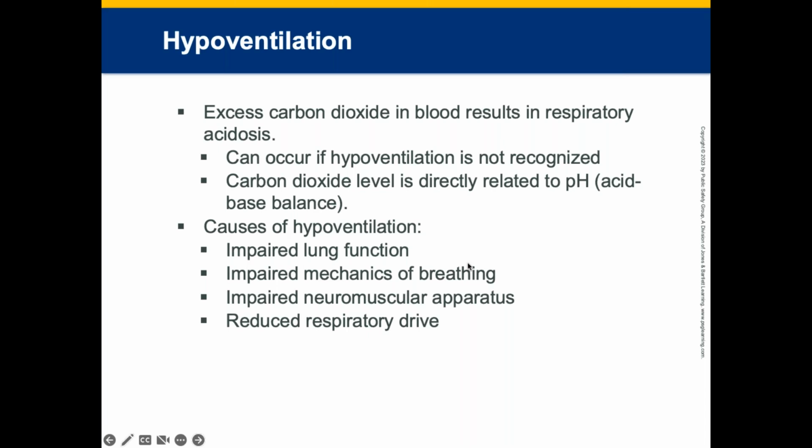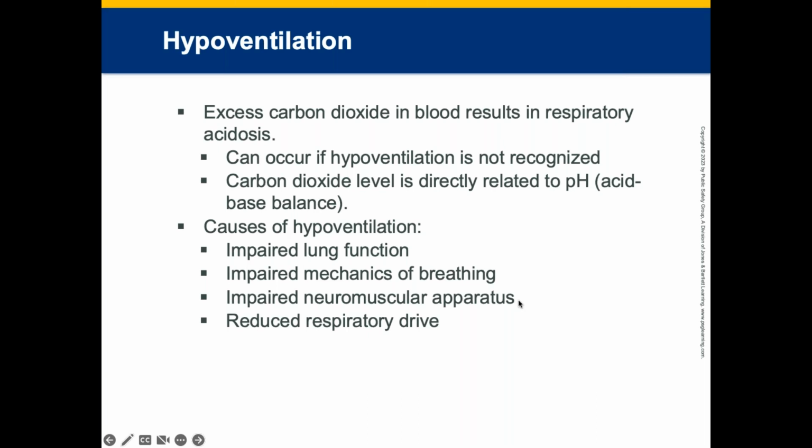Other things we would find for impaired neuromuscular apparatus would be a serious injury to the spinal cord. Otherwise it would be things like Guillain-Barré syndrome, amyotrophic lateral sclerosis or ALS, Lou Gehrig's disease, botulism caused by the bacterium, and reduced respiratory drive like acute opiate narcotic overdose of heroin, fentanyl, any one of the opiates.